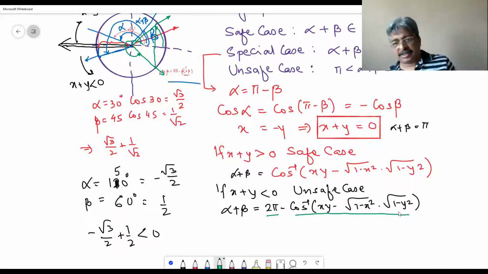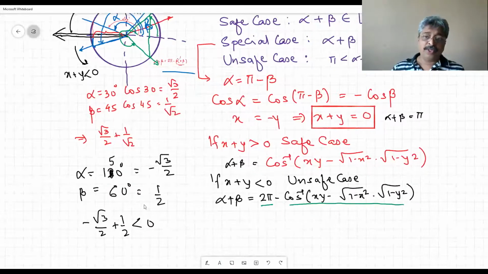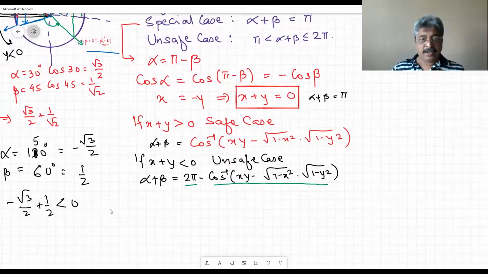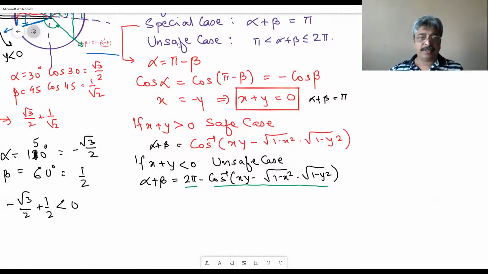Exactly similar work can be done algebraically also. If you want a special case to be written algebraically, we can do it. Maybe we will try to do it without referring to the diagram. Let us try to do it. Unsafe case, we already have our angles in place. Angle is now x and y.